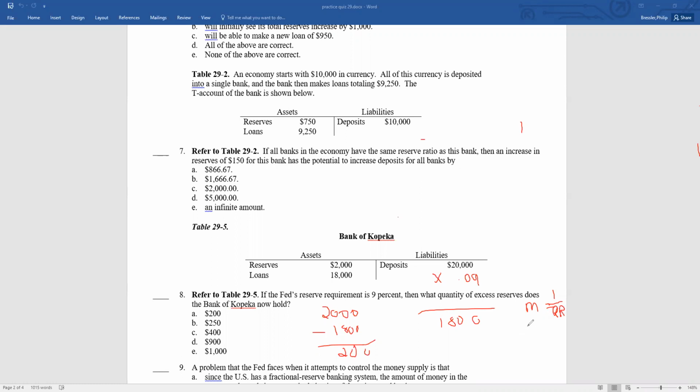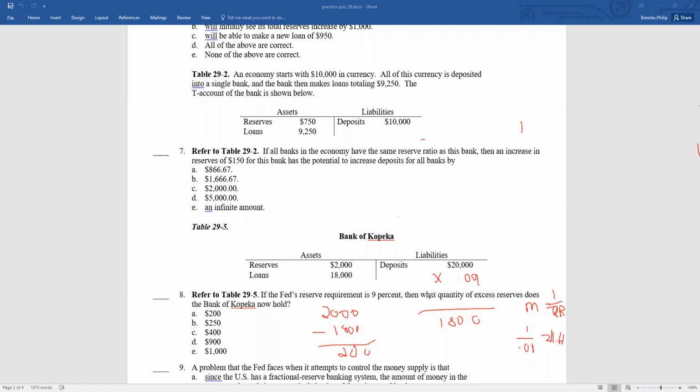So that would be 1 over 0.09. I think that comes out to 11.11. I'm doing this because if you get a similar chart, you know immediately that the multiplier is 11.11. Again, you're going to have a calculator, so you'll be able to figure this out.